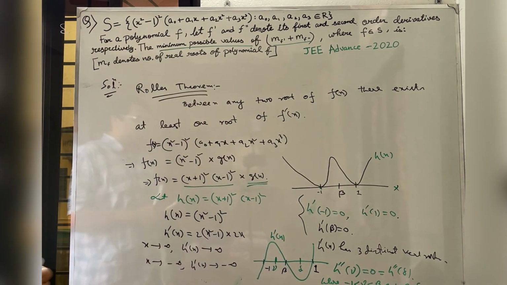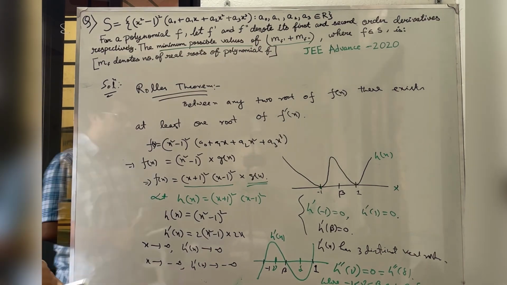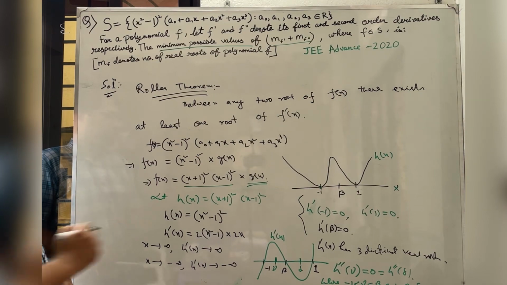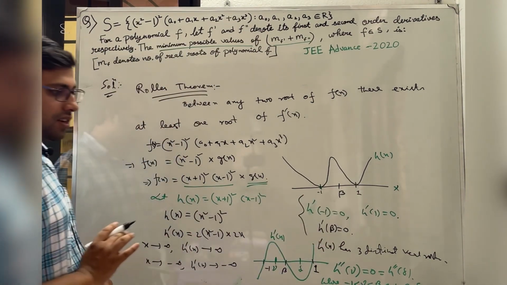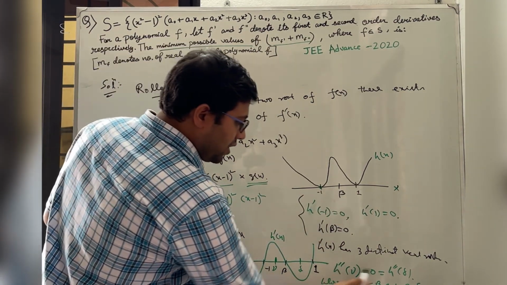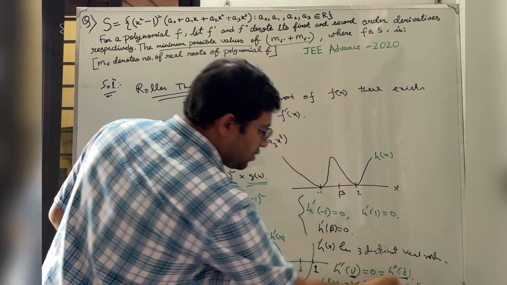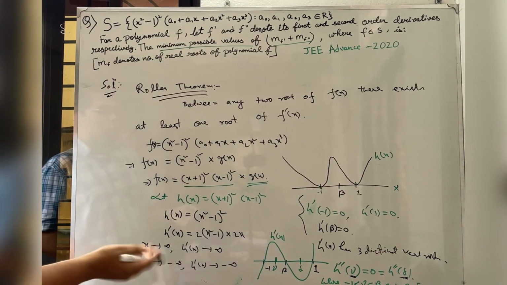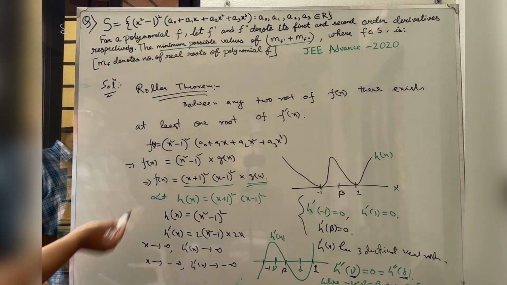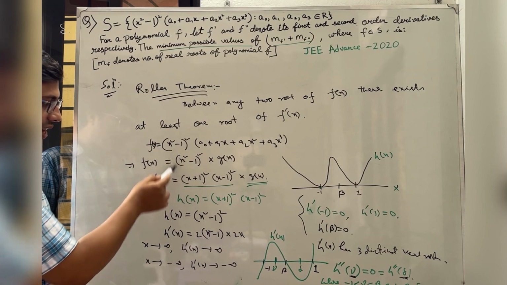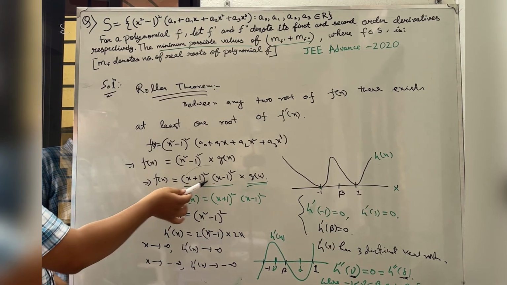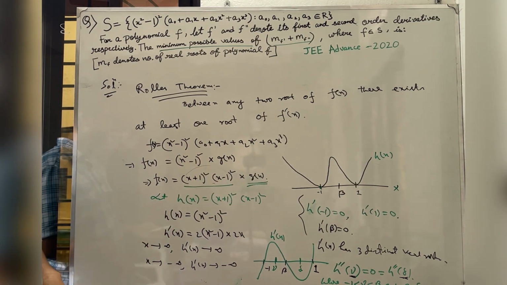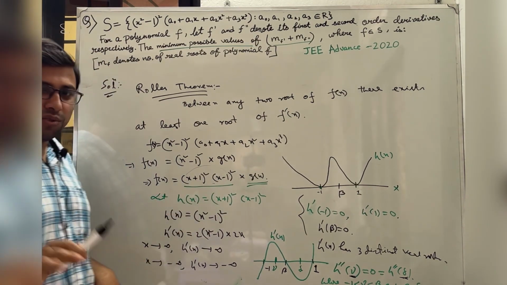So it is very clear from these two graphs that h dash x has three distinct real roots and h double dash x has two distinct real roots, that is gamma and delta. As we have already said, the roots of this part g(x) are the roots of f(x), because f is just the product of two polynomials and we ignore g(x).